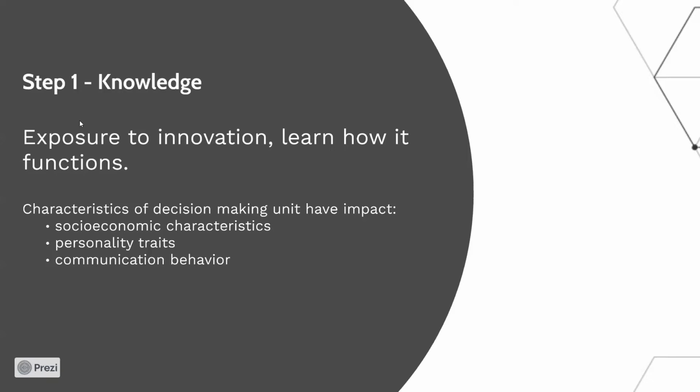In other words, these characteristics may influence the level of innovativeness of the individual or organization. For example, an individual who tends to fall in the higher socioeconomic bracket tends to be more innovative and therefore tends to be an earlier adopter for many innovations.